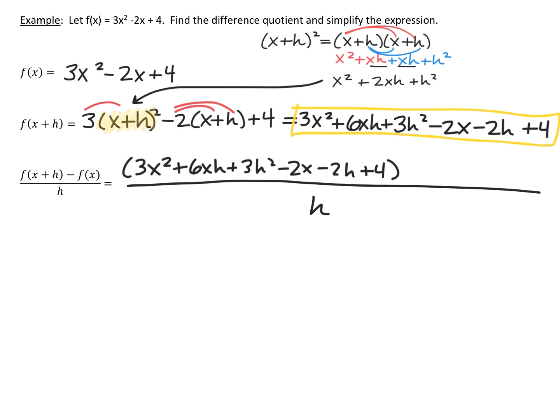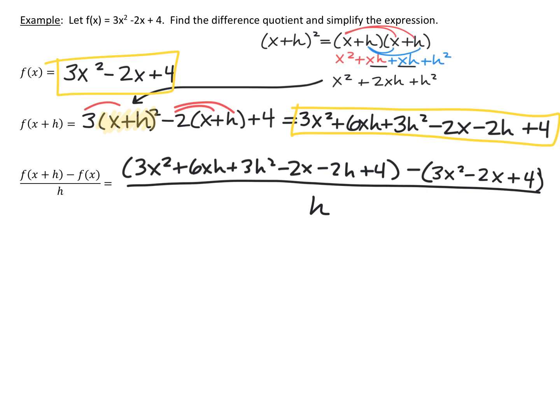So taking the second one here, this guy. So I'll put minus and then put it in parentheses. 3x squared minus 2x plus 4. I'm trying not to take a ton of space.